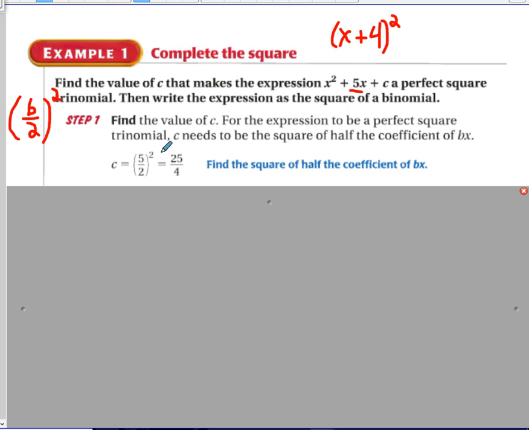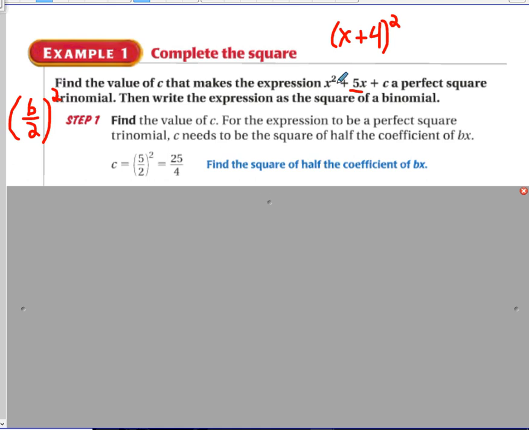I am going to avoid using decimals at the beginning, just because I don't want to make it more complicated as I go through the problem, so I'm going to keep it as a fraction. I'm going to apply the squared to the numerator and to the denominator of my fraction. So 5 squared is 25, 2 squared is 4. So that is my c term.